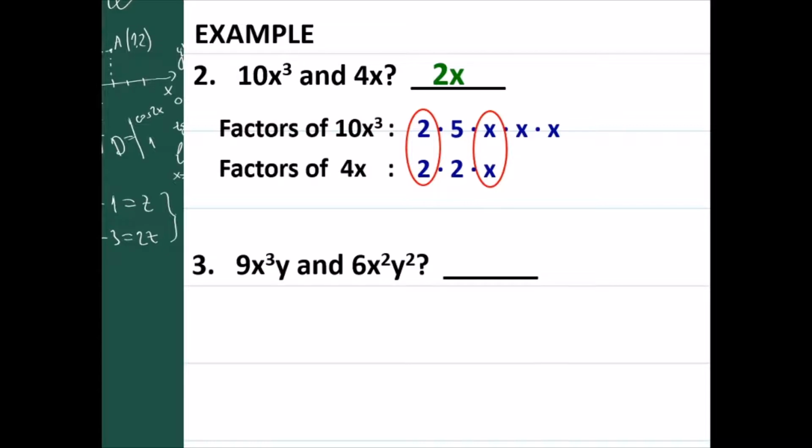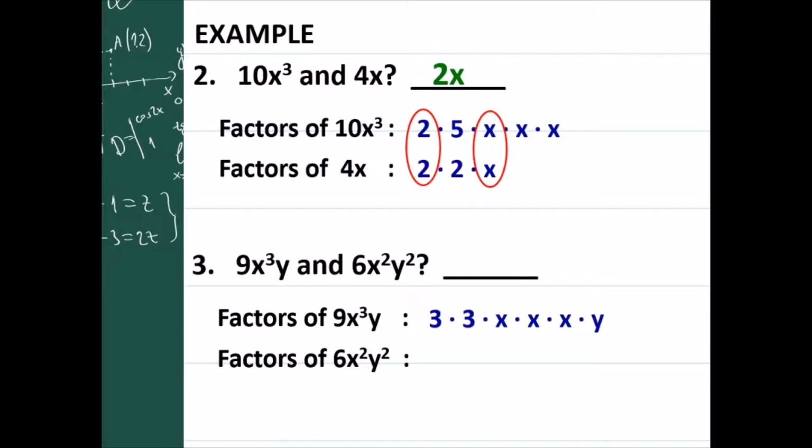Example number 3. Find the GCF of 9x cubed y and 6x squared y squared. The factors of 9x cubed y is 3 times 3 times x times x times x times y. The factors of 6x squared y squared is 2 times 3 times x times x times y times y.